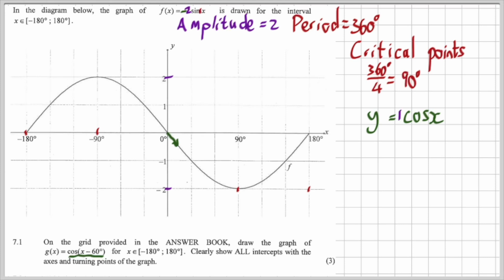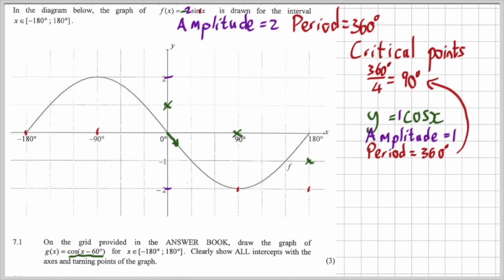Now y equal to cos x has an amplitude of 1 and a period of the normal 360, which means the critical point is also going to be 90 degrees. So this is a stock standard normal cos x graph, starting at 1, then going by 90 through 0, and at 180 through -1.